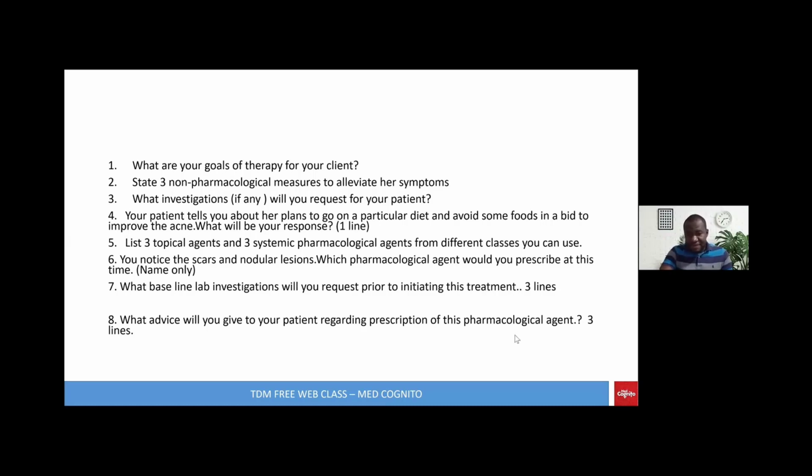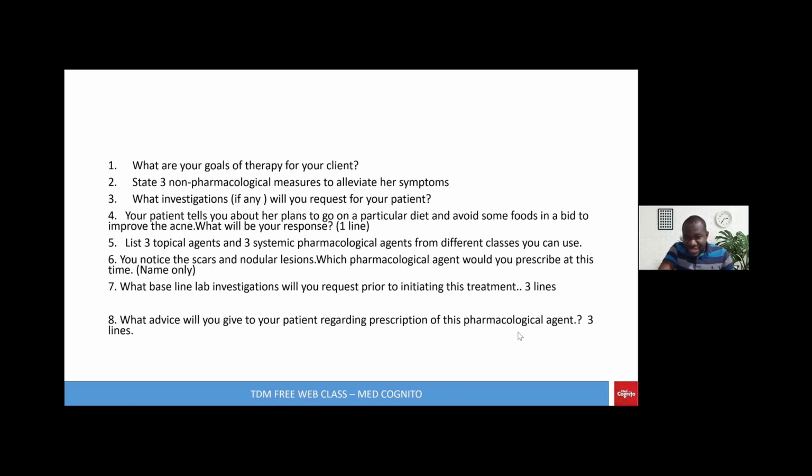All right. So there's no association with diet and acne. Food is not related to it. There is no association. No evidence supports that. So, well, we'll get to that discussion because earlier on, when we were looking at non-pharmacological measures, I saw some answers with reducing some kinds of diet and all that.